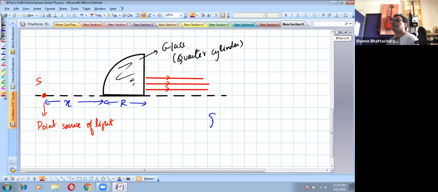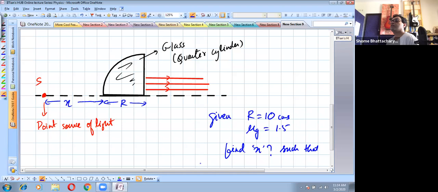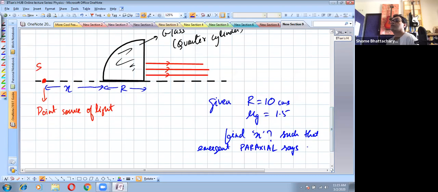Given r is equal to 10 centimeters, and refractive index of glass is 1.5, we have to find x such that the emergent paraxial rays are parallel to the principal axis.